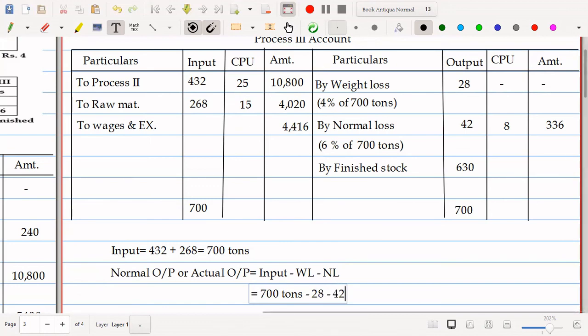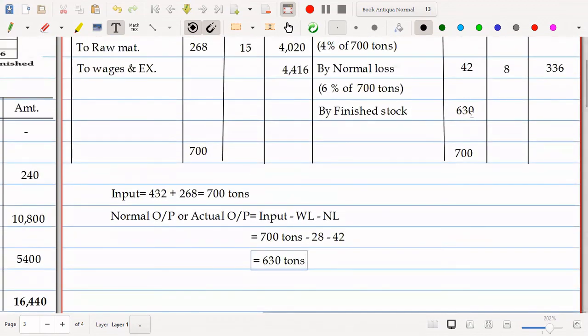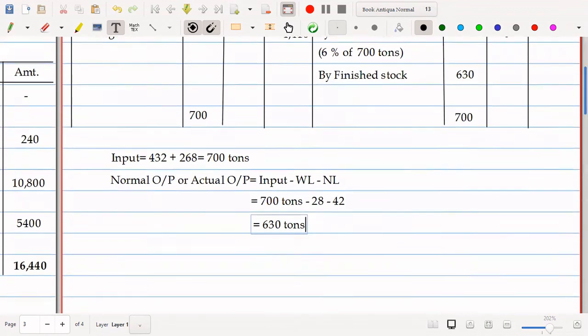So when we calculate this, it comes to 630 tons. So by this we come to know the remaining. So 630, as I have put here.